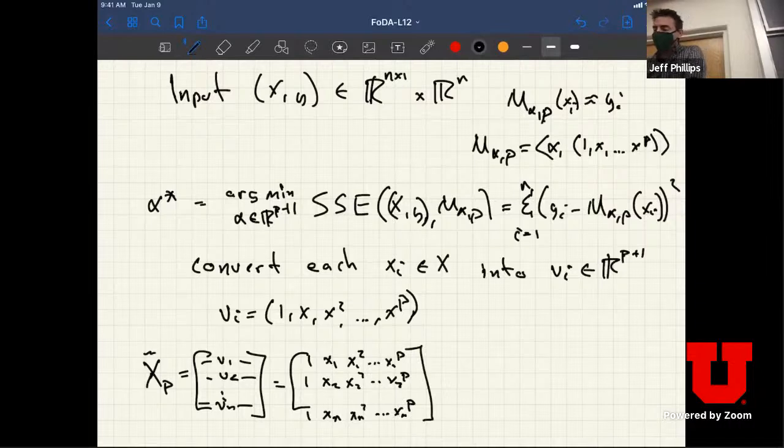I'm going to create this matrix from these rows, and I'm going to have my y that I already have, and then the solution. Does anyone guess what the solution is going to be? I'm going to get alpha. I can now just write down the solution.